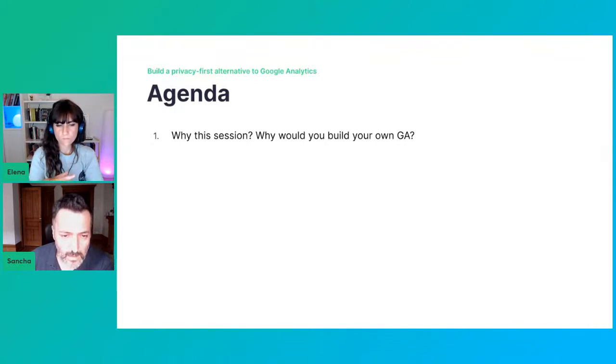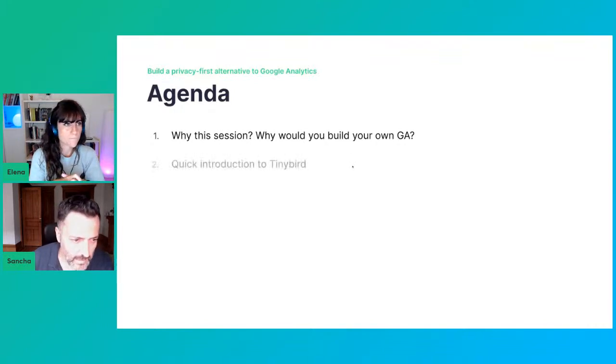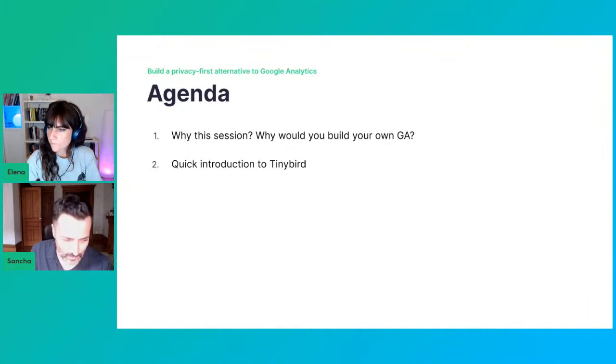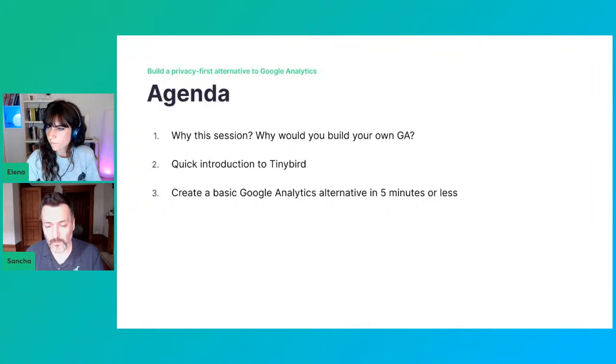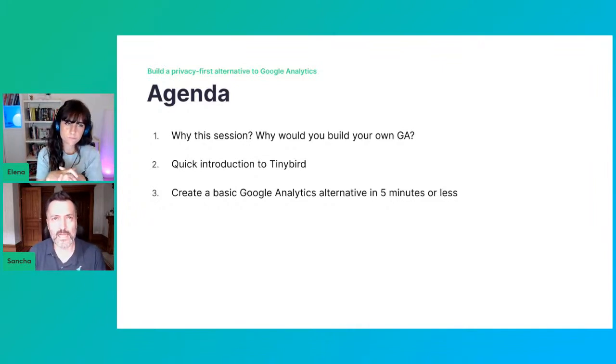The next thing we'll see is a quick intro to Tinybird, in case someone doesn't know us. That's only going to be a couple of minutes, just to show you what Tinybird is and what it's good for. And then after that, we are going to create that basic Google Analytics alternative, or let's say complement to Google Analytics, in 5 minutes or less.